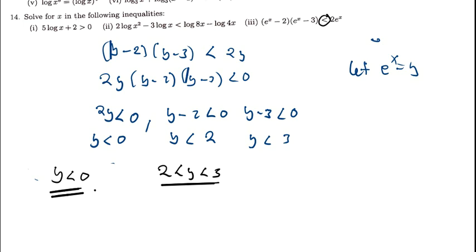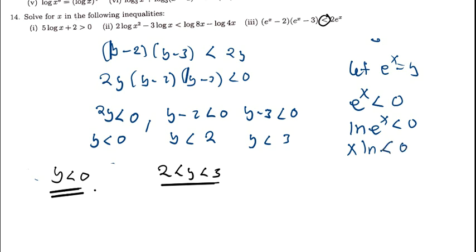So we are going to come back here and say e raised to the power x. I'll start with 0. So I'll say it is less than 0. Now I want to find the value of x. Introduce ln, less than 0. So here the x will drop, then less than 0.